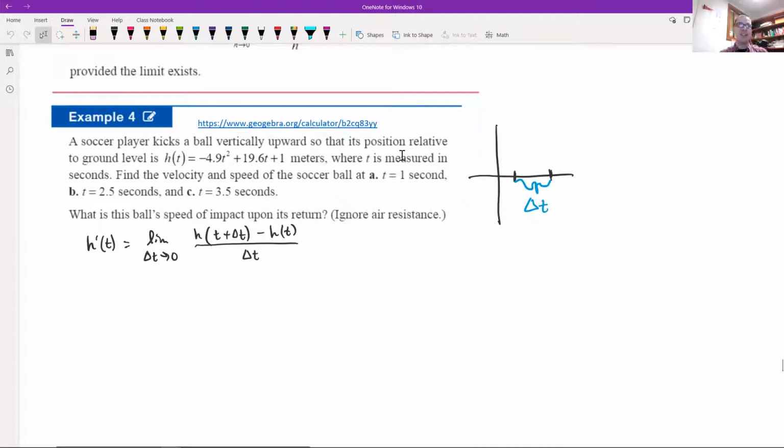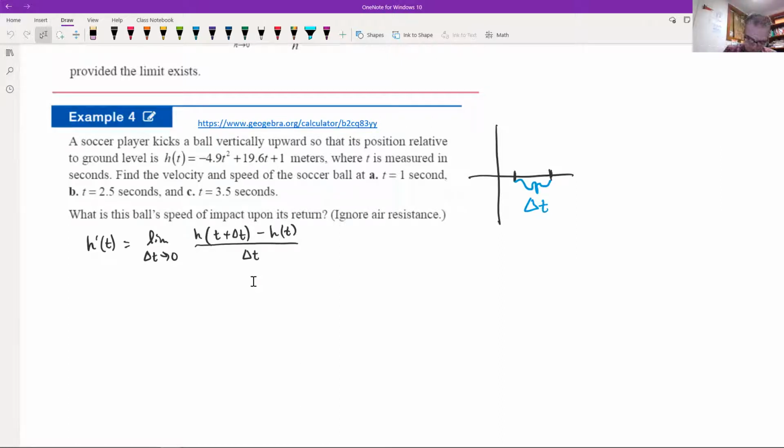And I know this new delta t thing is a little bit weird because you've got two symbols, but really that's just one thing. It stands for a difference of t values, and we're shrinking that difference of t values. So just treat it like it's one thing.